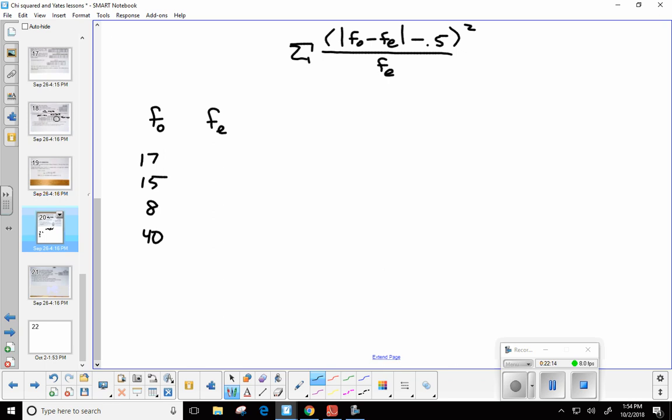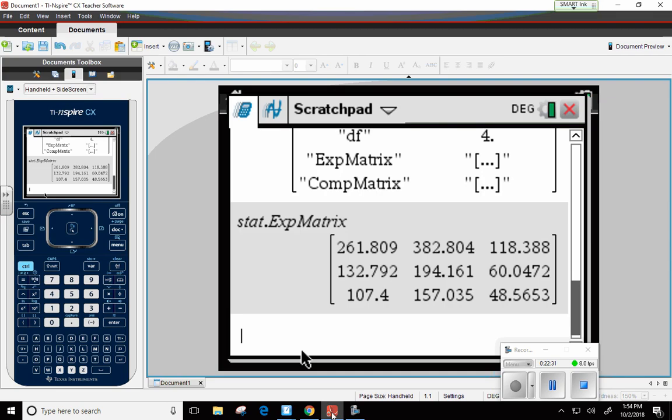Okay. So first off, we need to know what the expected values are. Do we want to go ahead and do this part by hand, or you just want to go ahead and run through on the calculator real quick? On the calculator? Okay. So the expected values are still going to be the same for those. So let me go ahead and plug these guys in.